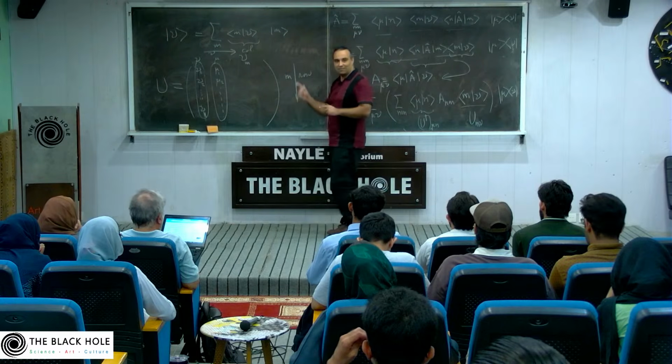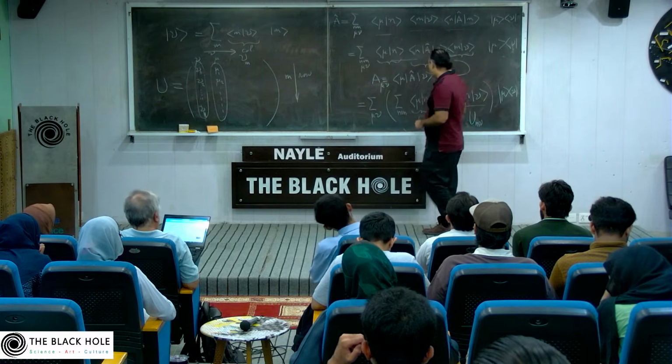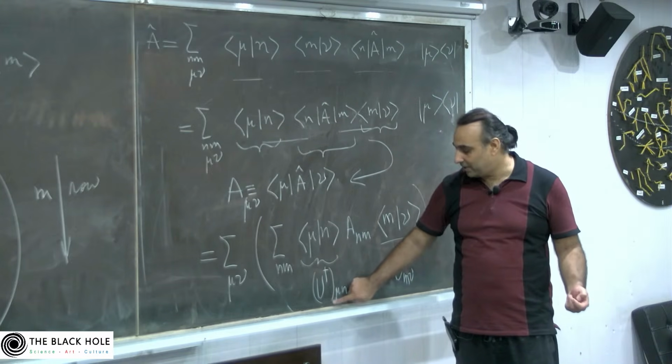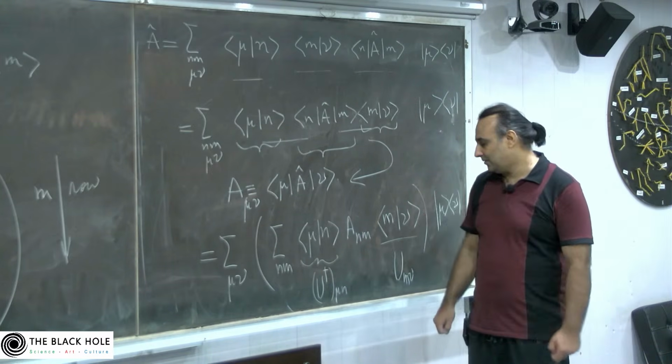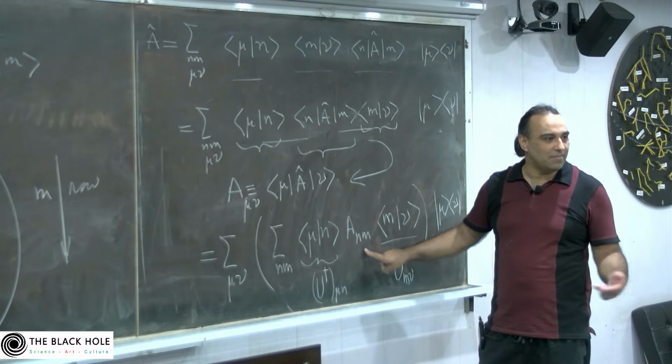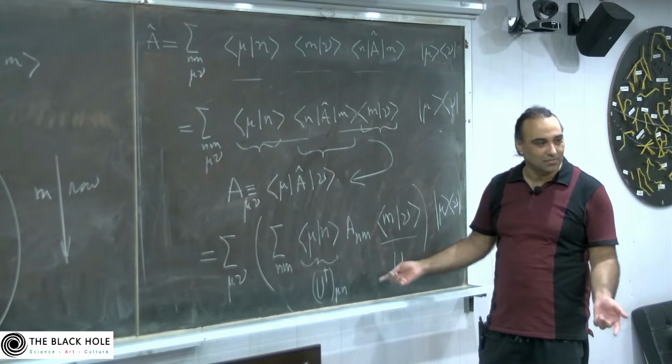This inner product is for this complex vector space. So this will be the μn-th matrix element of U dagger. So this is the nth matrix element of another number.